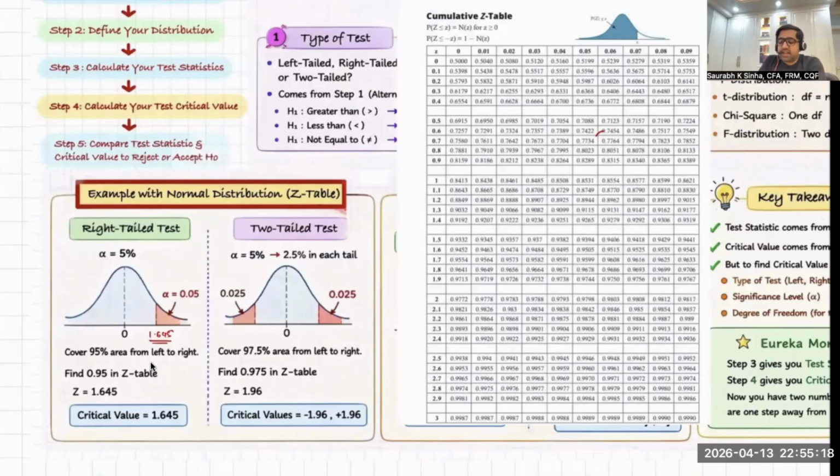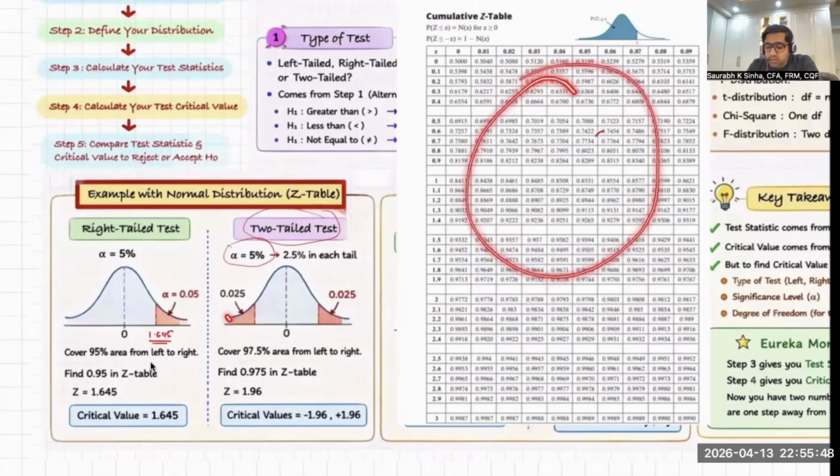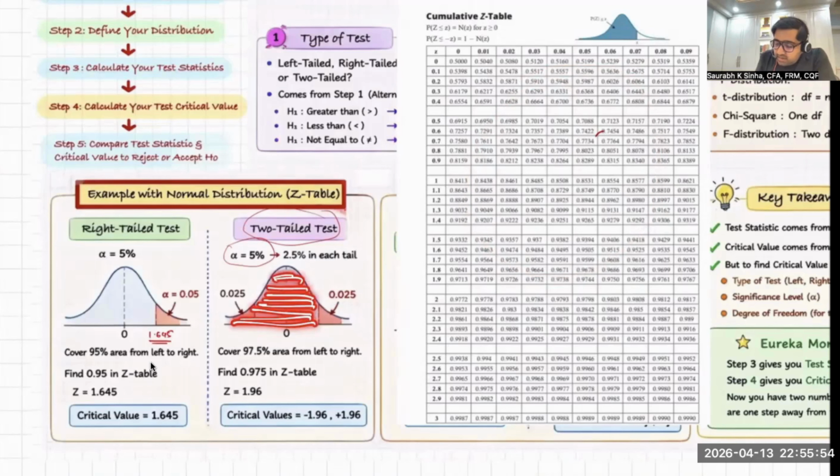What if the significance level is given as 5%, but it is a two tail test? Then you first need to divide the significance level, the area in the tail, by 2, because you will cover 2.5% in the left and 2.5% in the right. Now in the Z table, you will look for this area, which would be 97.5%, because the tail area is 2.5%.